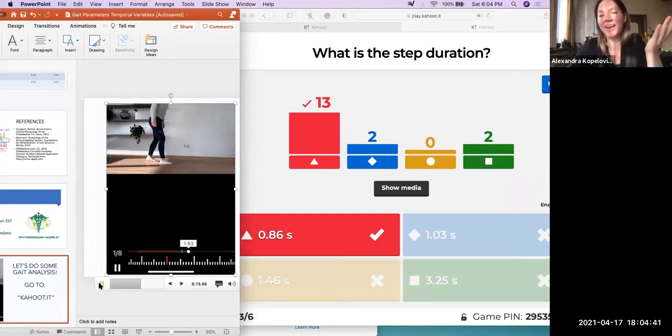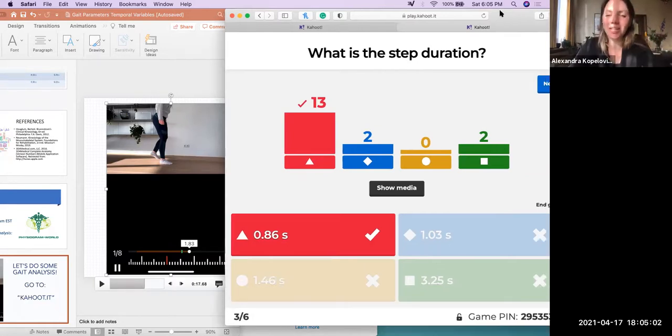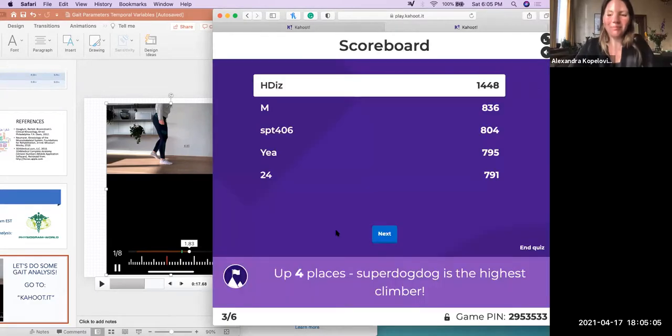Yeah, everybody got it. You could have watched it, but you could also have guesstimated it because step is half of the stride. So you can look at the numbers and see which one would be half of the stride. But of course, step duration is not always half of the stride. That is something we covered in this webinar, and I hope you understand the difference now.